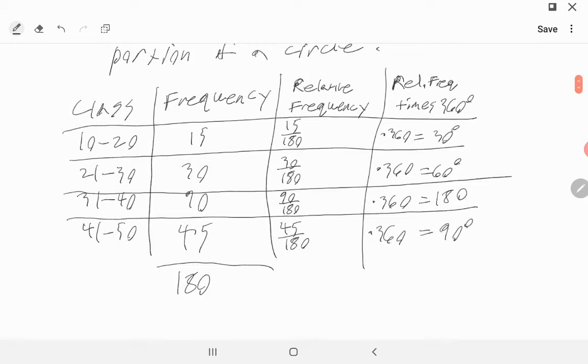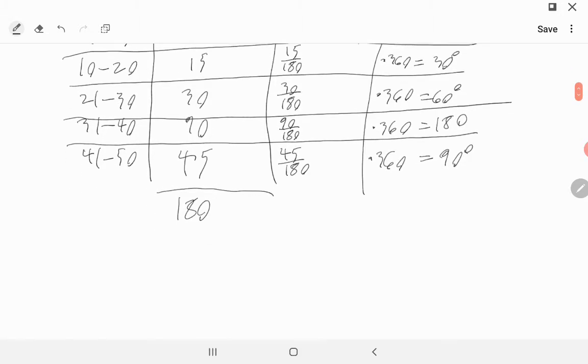And so we notice that these are relatively nice to chart on a pie graph. Let's just start with the 41 to 50-year-olds. That's going to be 1/4. We know the 31 to 40-year-olds is going to be half.